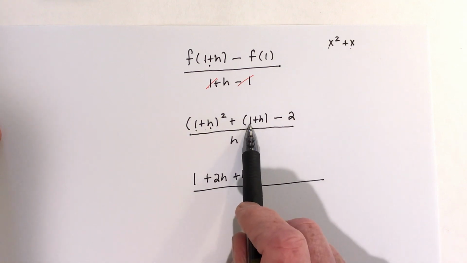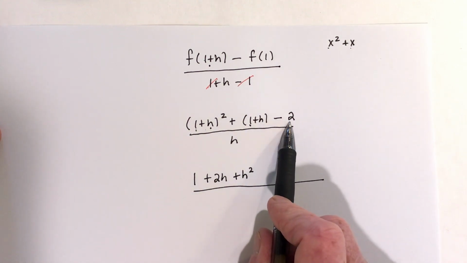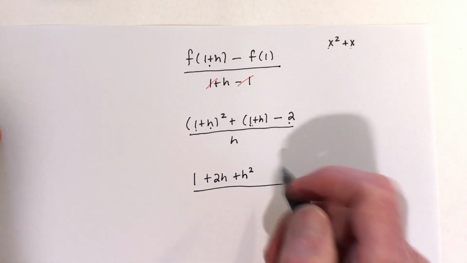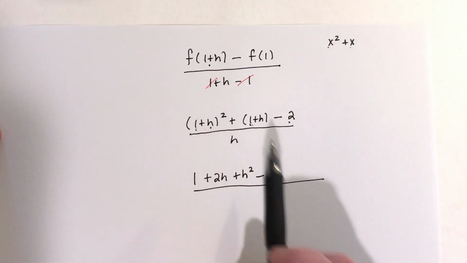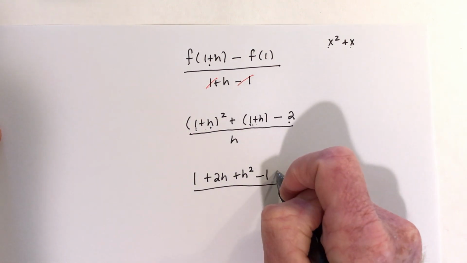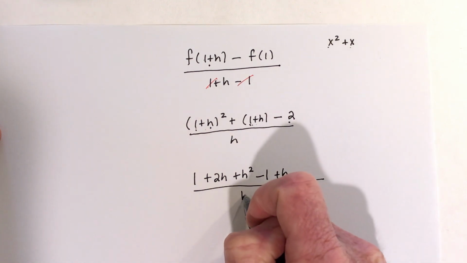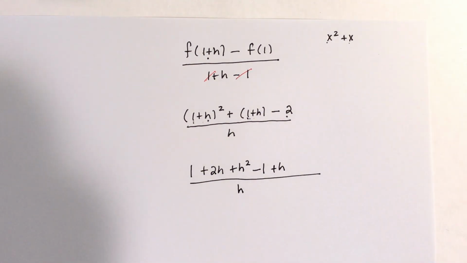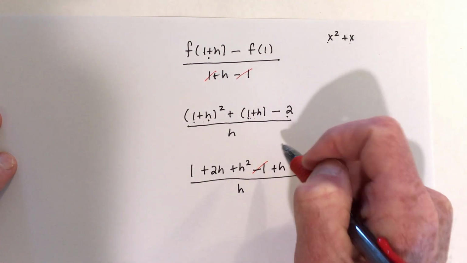Over here, there is a 1 and a minus 2, so in total that's going to make minus 1. And then there's also going to be a plus h. And it's still divided by h. And next up, you're right, grab the red pen. These cancel.